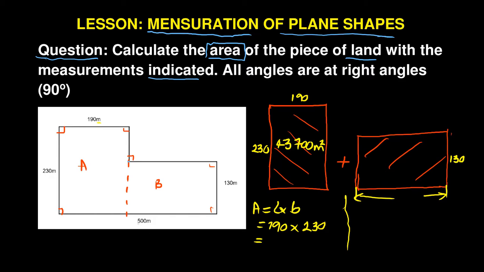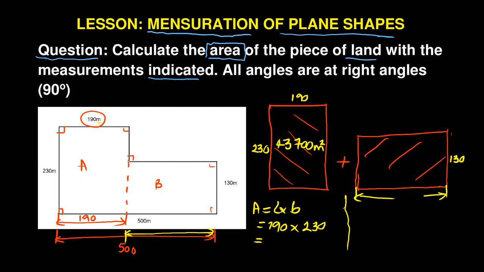If I go to my original diagram, you can see that from here to here, this distance, as it is equal to the top, it is 190. And again, from this point to that point, you can see that it is 500. So which means I can find this distance from this point to this point.